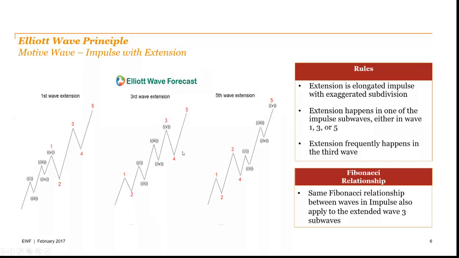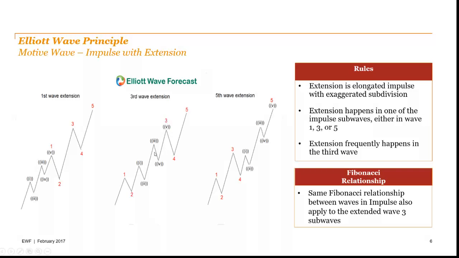So the clearest subdivision here can be labeled using one lower degree, which is, if this is minor, this is minute degree, this black color here. This is the most common one, called the third wave extension. In commodities, a lot of times you have a fifth wave extension, so within wave 5 you get the longest wave.